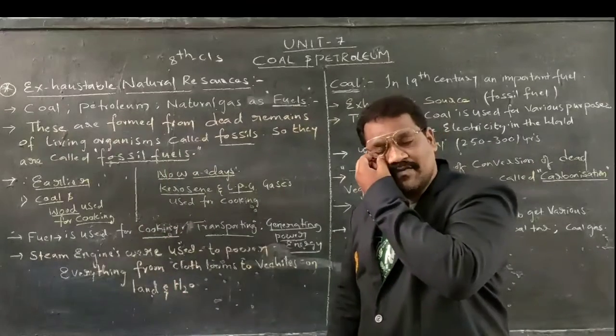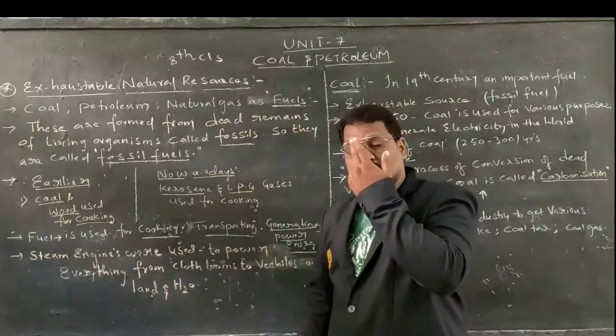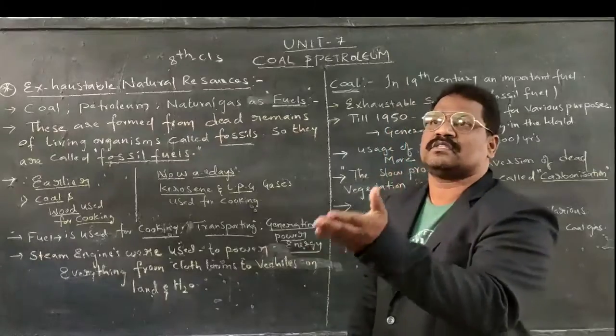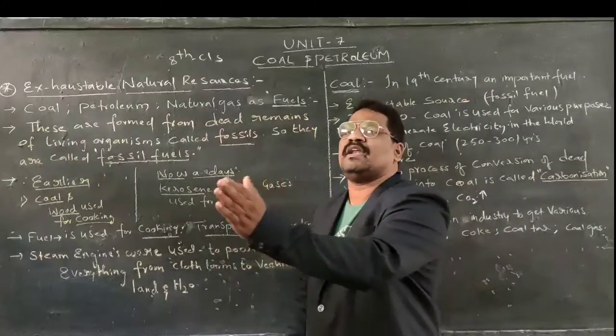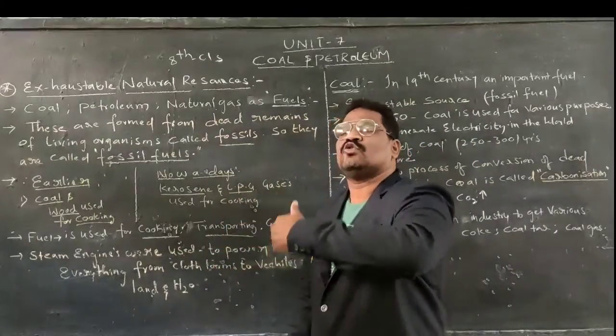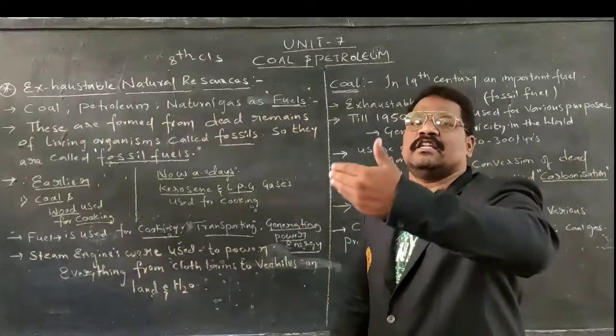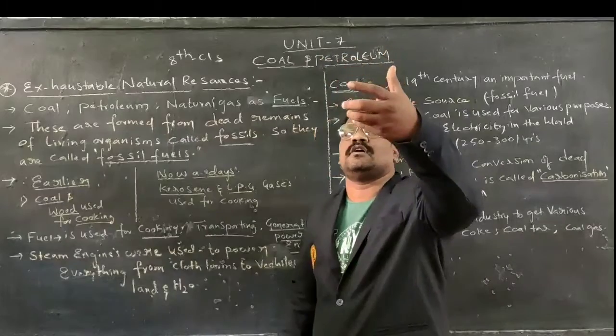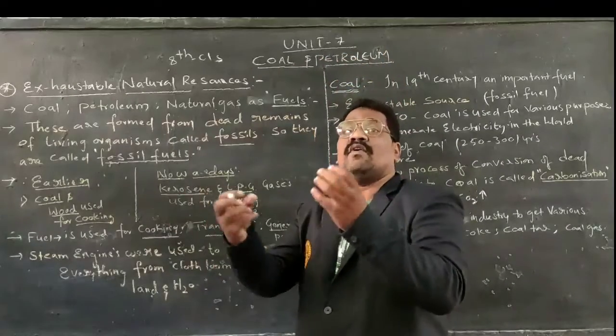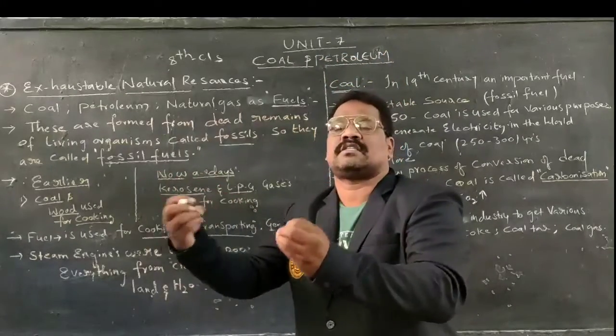How is steam produced? By heating coal to red hot, it produces heat energy. That heat energy vaporizes the water, and that vapor is called steam.